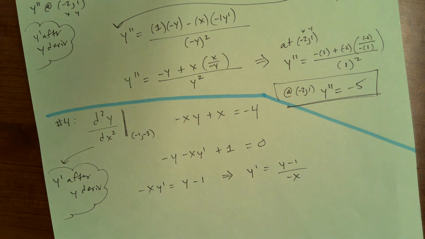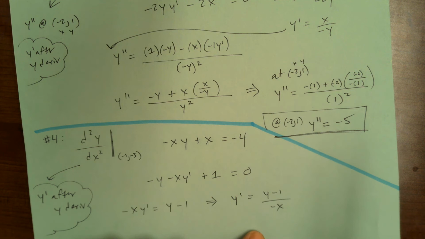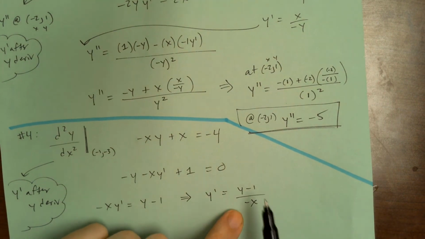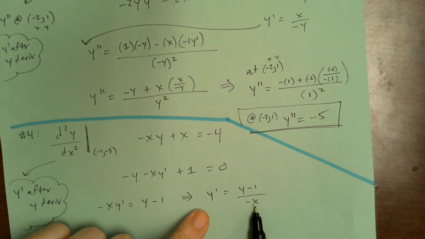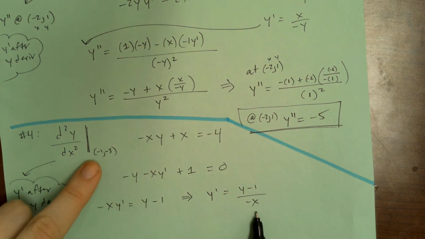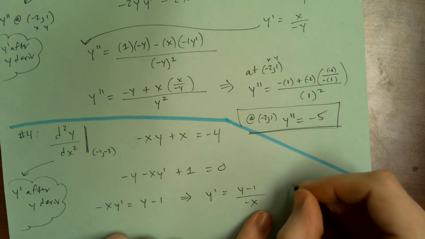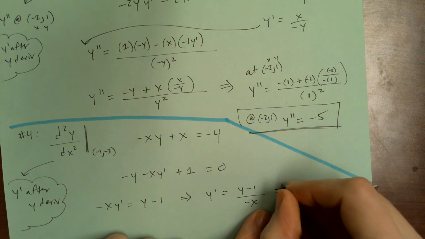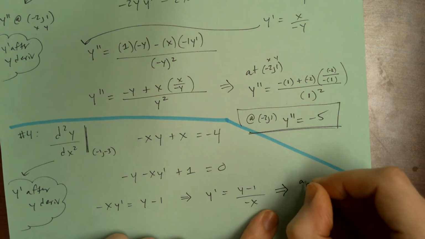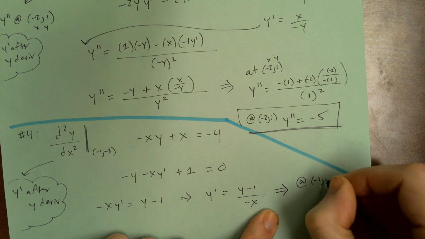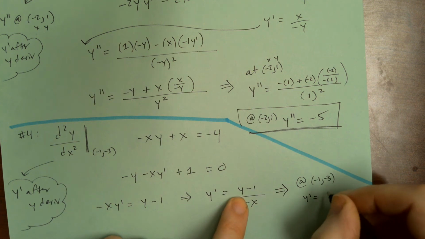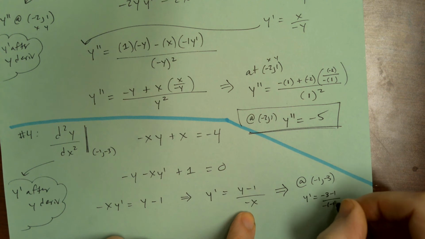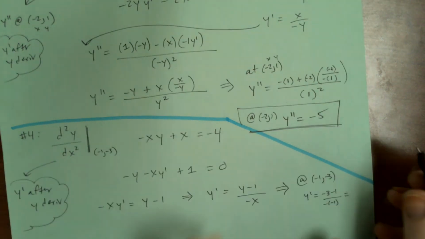Now, here's another way of doing it, guys. This is what I was toying with in the one above. Maybe if you're doing a problem like this, here's another idea. At this point, we could find y prime. At negative 1, negative 3, y prime equals, what is this?